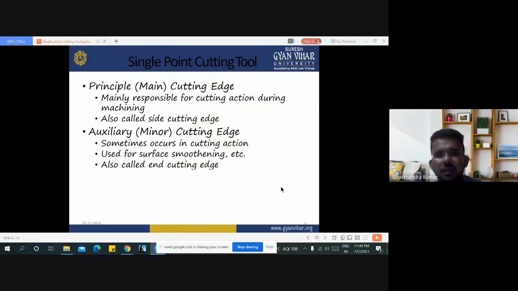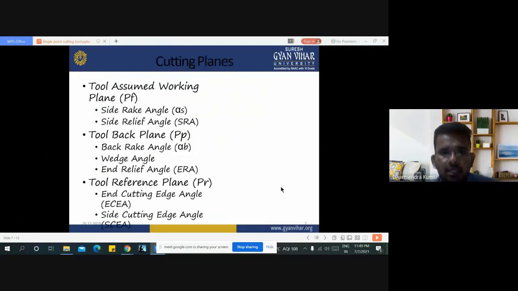The auxiliary or minor cutting edge occurs in some cutting action and is used for surface smoothing. It is also known as the end cutting edge. These are the various assumptions of the cutting plane where we can apply the single point cutting tool on a lathe machine for various machining processes like facing, turning, chamfering, etc.